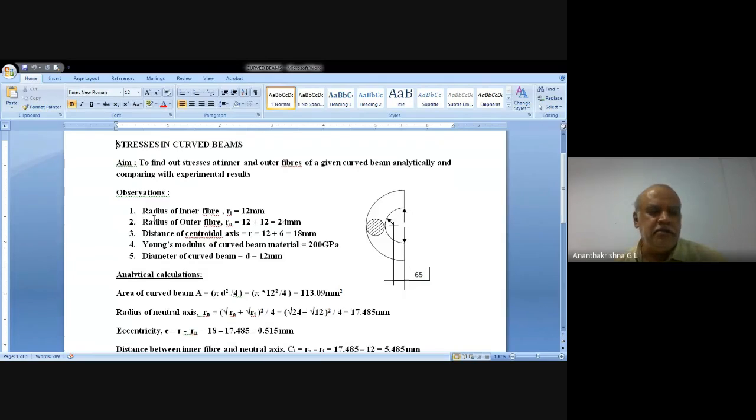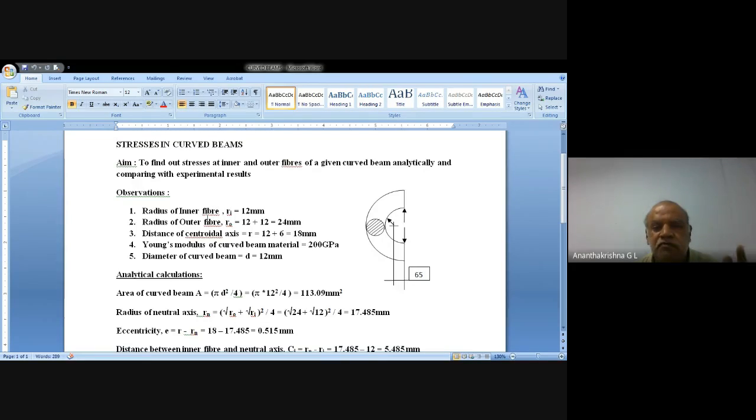Essentially, in the previous semester we learned what a curved beam is. In straight beams, when they are subjected to a bending moment, the neutral axis will bend because of the application of load.